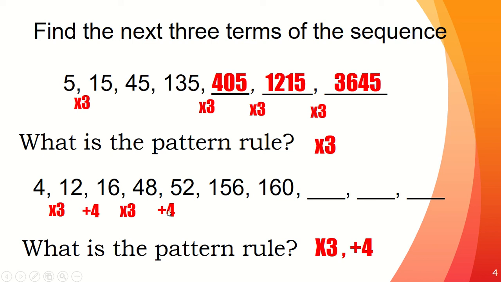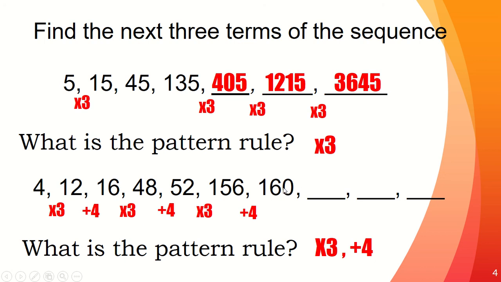To check, tingnan natin dito. 52, dapat times 3. 52 times 3, we have 156. So, tama siya. Plus 4, 156 plus 4, 160. So, it means tama yung rule natin. Times 3 plus 4.